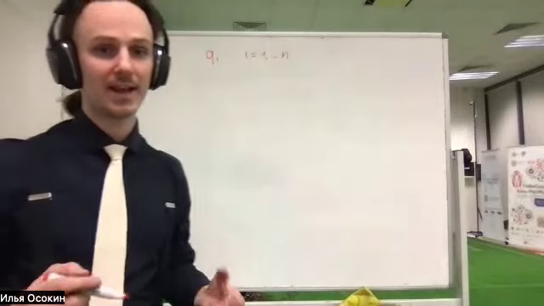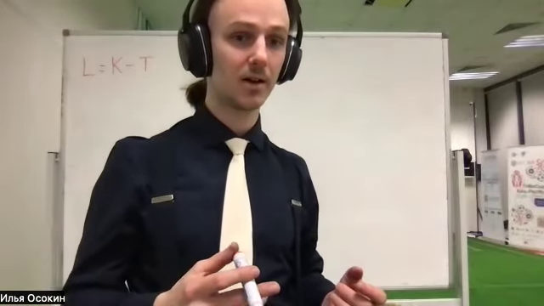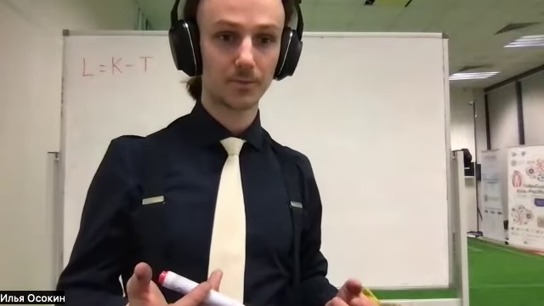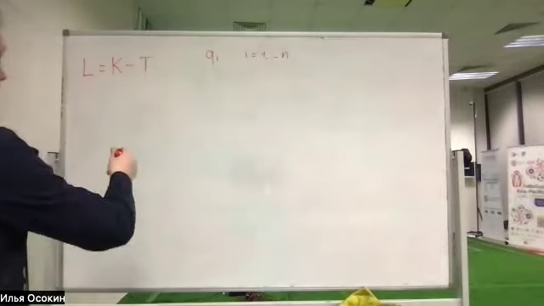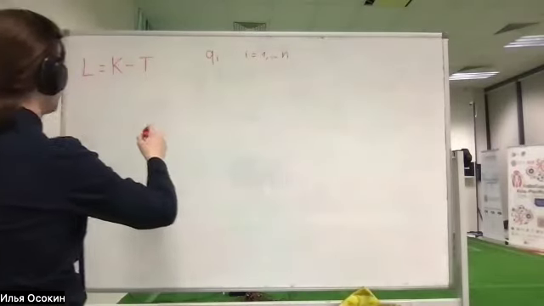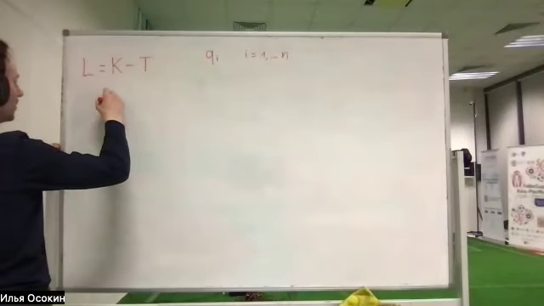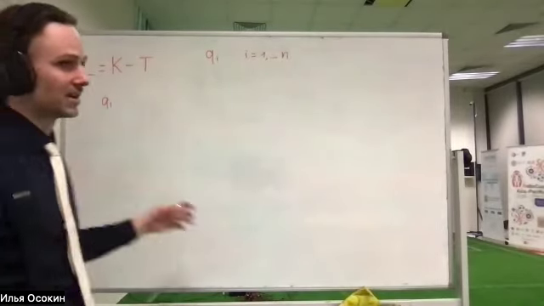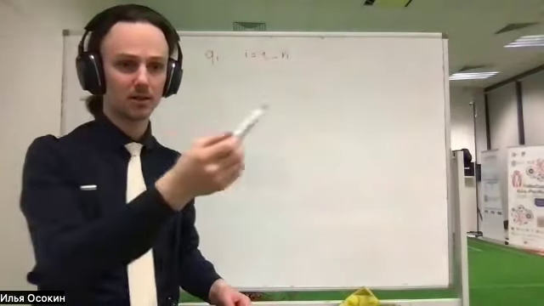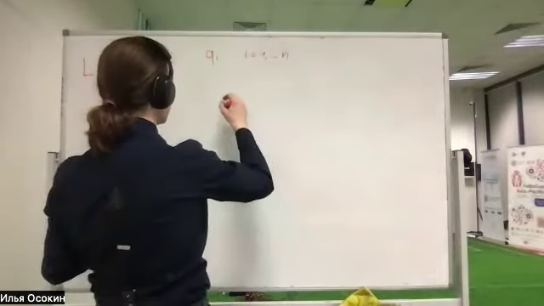If we have n generalized coordinates in the system, it will result in n equations of motion. So the kinetic energy will probably incorporate something along the lines of q sub i dot. In the case of a moving particle, it will be m/2 v squared.